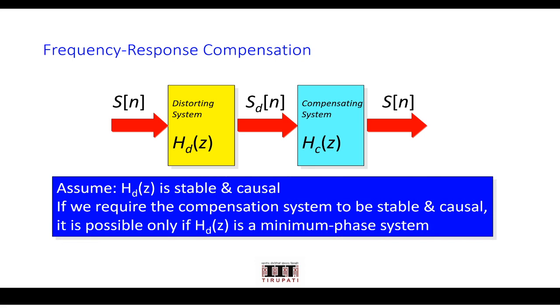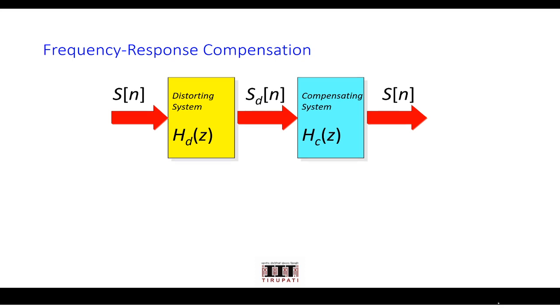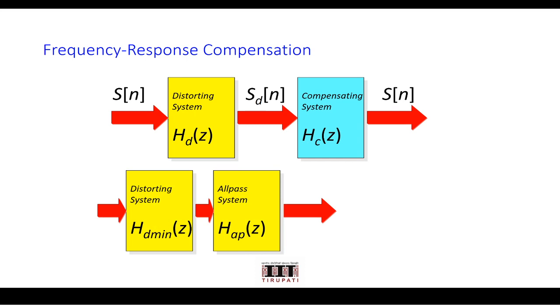Assume that your distortion system is a stable and causal system, and what is desirable while you are designing a compensating system? Obviously you want a stable and causal system again. So does H_D of z being stable and causal guarantee that H_C of z is also stable and causal?